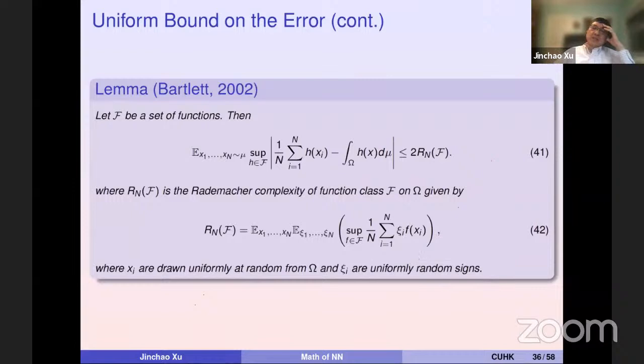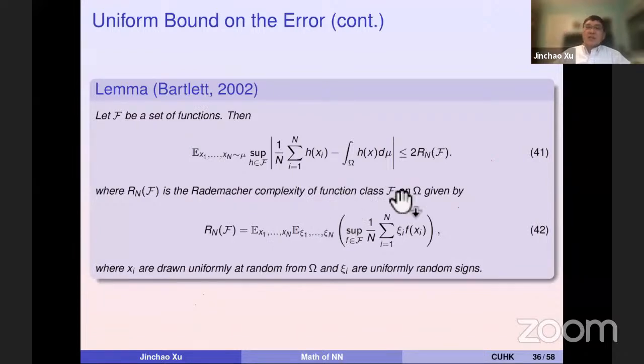Here the sigma is a random variable which takes plus or minus 1, and the x_i you sample according to a certain distribution in the domain of your interest. This is called Rademacher complexity, and this is a classical result which we're going to use.